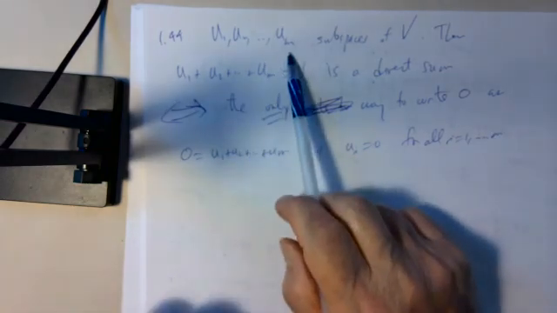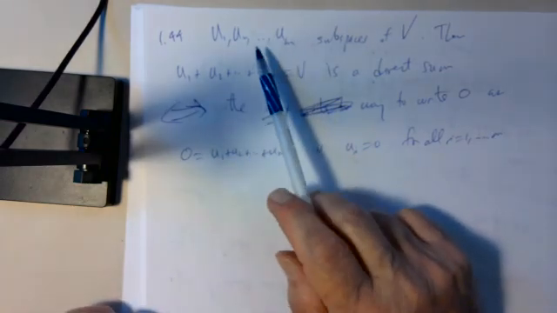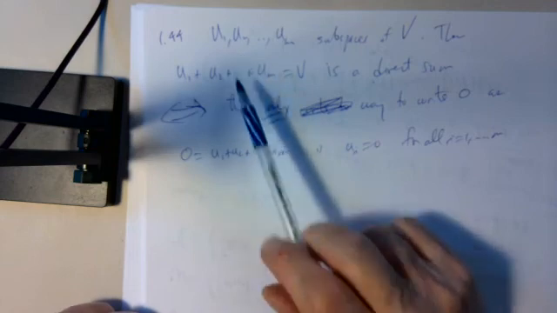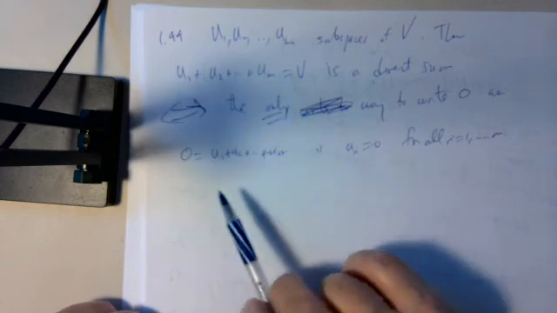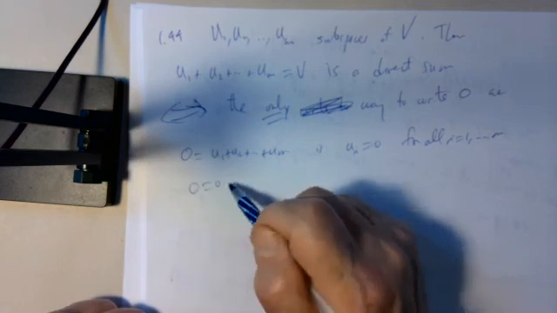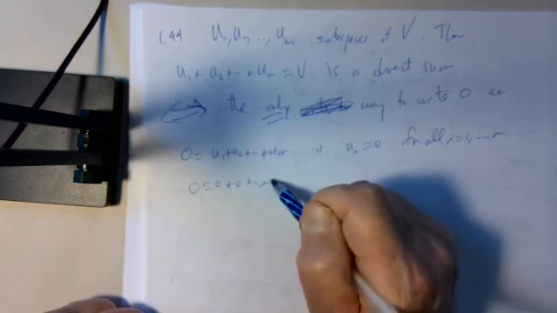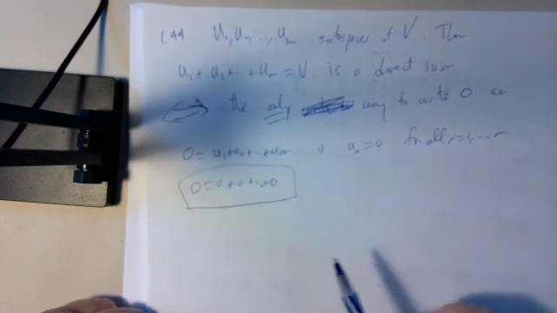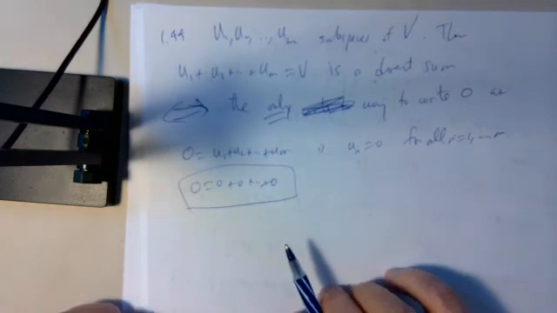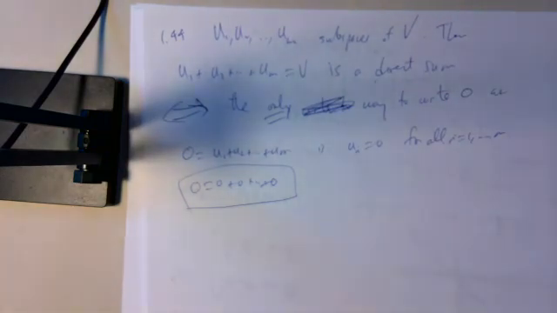So we know these are subspaces, so they all contain 0. So you can always represent 0 as 0 plus 0 plus 0 plus 0. And if that's the only way to represent 0, then in fact, for every vector in the sum, there's a unique way to write it as a sum, so you have a direct sum.